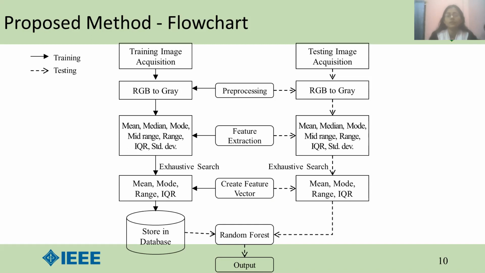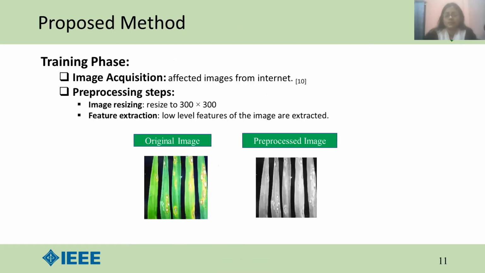we find which combination gives the best result. And by this search process, we see that mean, mode, range, and interquartile range are enough to find the best result. We also choose the best classifier. We see that the random forest classifier finds the disease nicely.